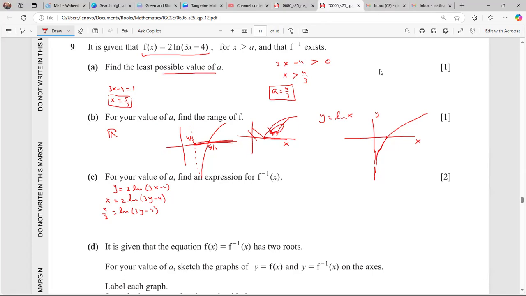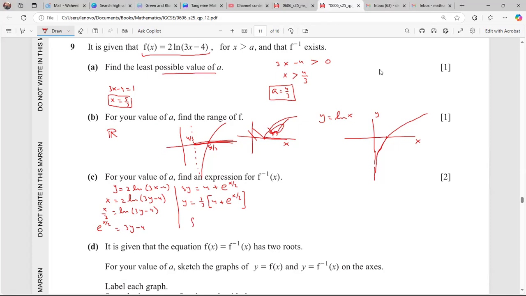Converting to exponential form, e to the power x by 2 is equal to 3y minus 4.